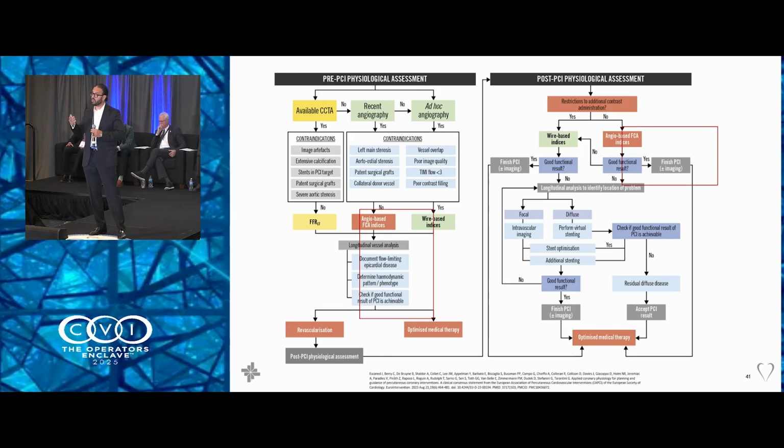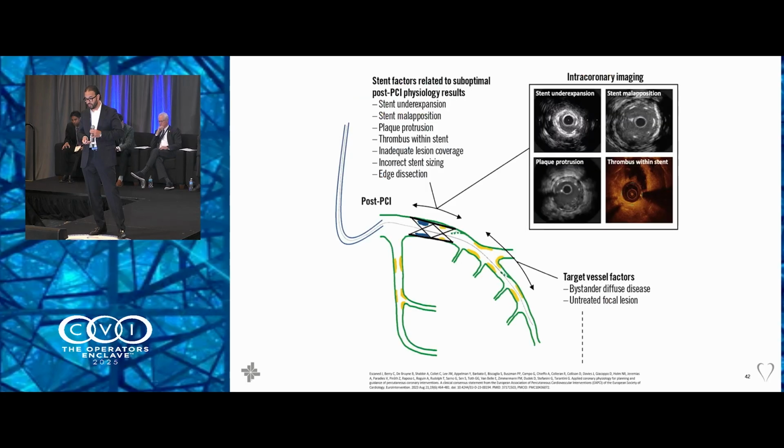You can use the technology to do post-PCI physiology after you're done without having to put the wire back down. So there are roles of this angiographic or functional angiography, which is really the overarching name of these technologies that we use in the field.